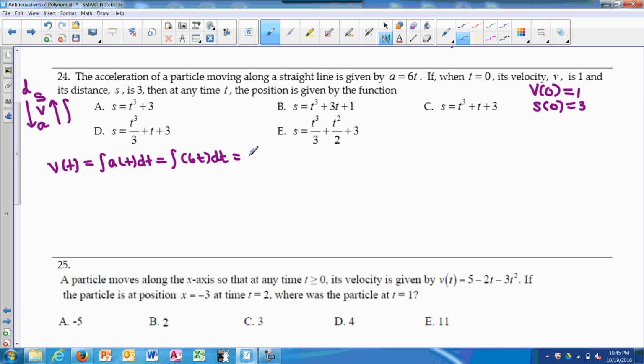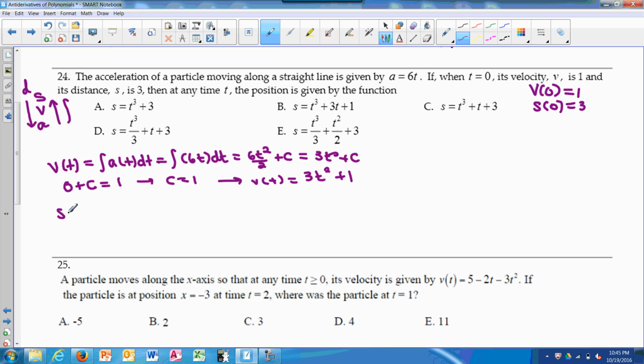That's going to give us 6t squared over 2 plus c, or 3t squared plus c. We're now going to use the initial condition for velocity that says at time 0, I will get 3 times 0 plus c must equal 1. So c is 1, which means my velocity function is 3t squared plus 1.